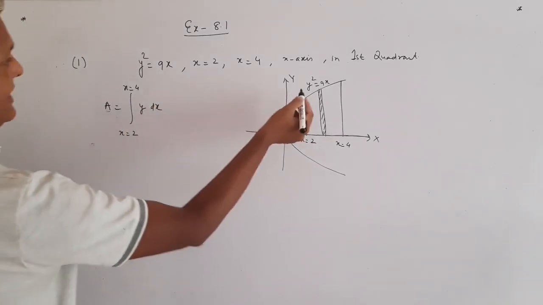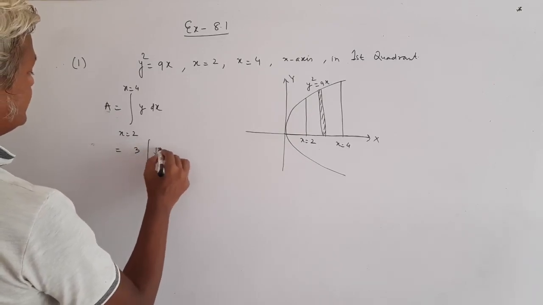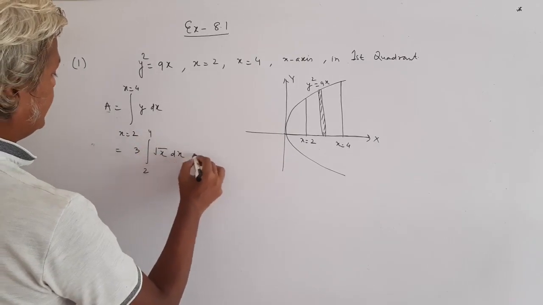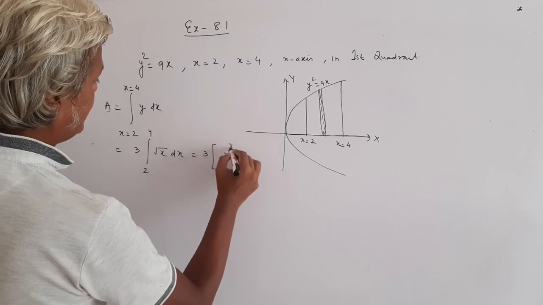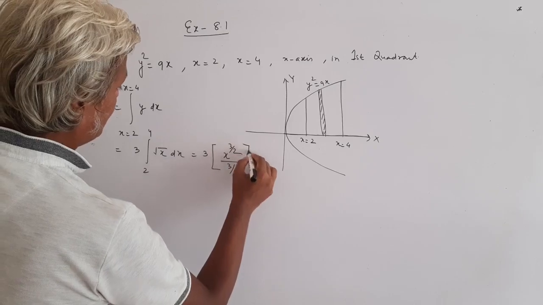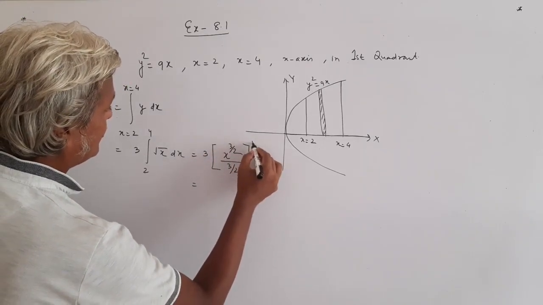So what is y? Under root 9x, that is 3 under root x. So this becomes the integral from 2 to 4 of 3 under root x dx. So this is 3 times x to the power 3 by 2 upon 3 by 2. So 2 goes up, 3 stays down, and limits 2 to 4.